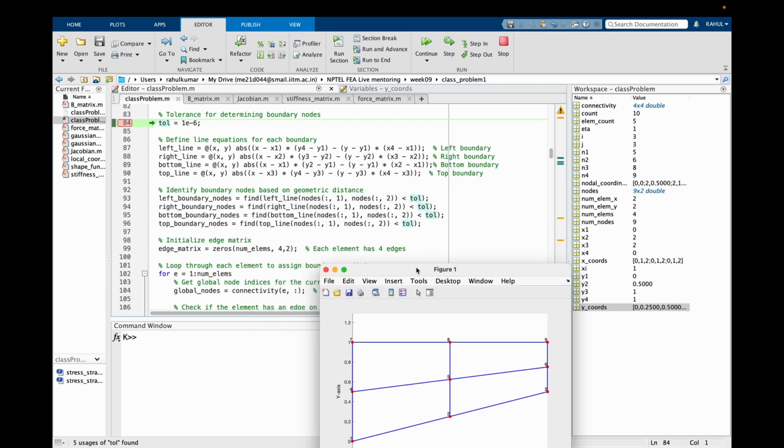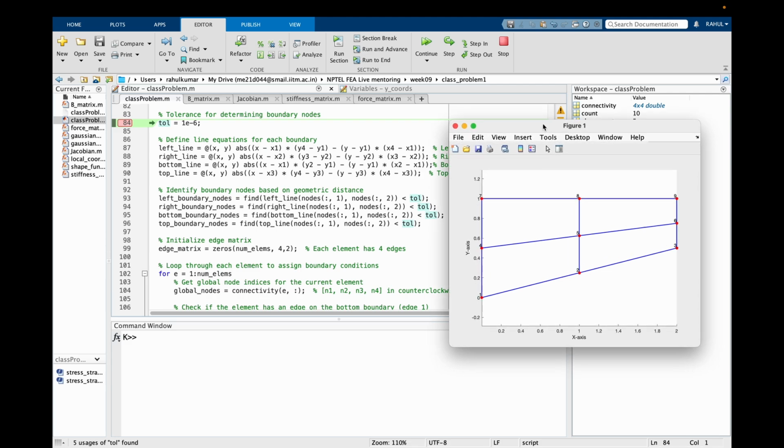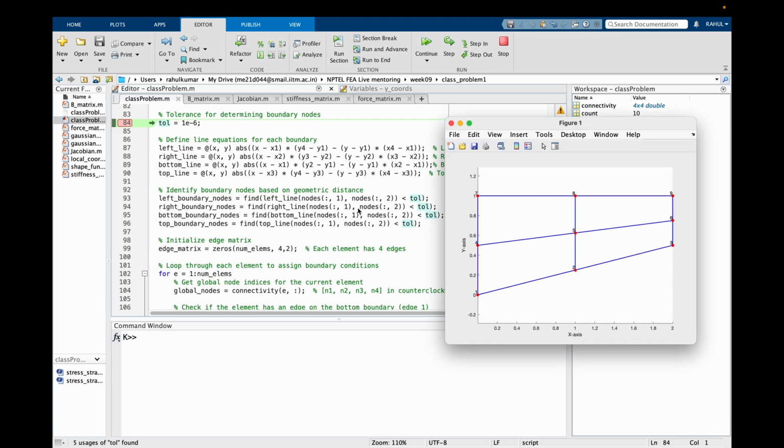Whenever the distance from the boundary is less than the tolerance, which is nothing but 0, but it is difficult to find exactly 0, so that's why whenever it is less than this, it will give the nodes.